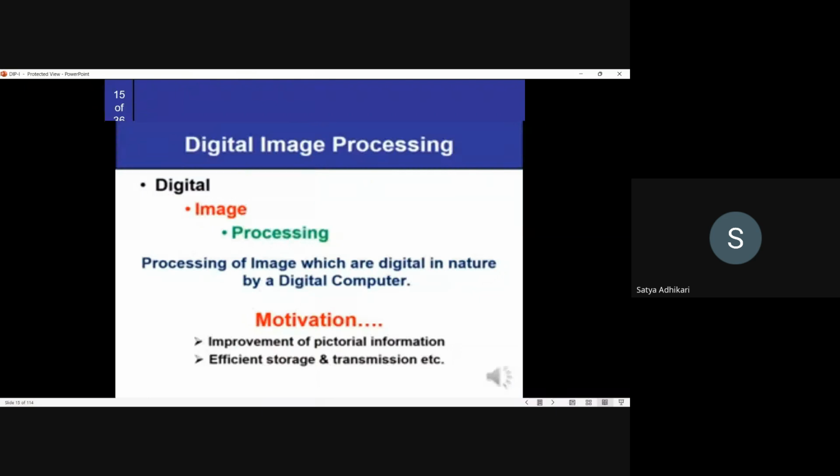There are also some transmission techniques we can use only on digital images. So that is why digital image processing is needed. You can improve the pictorial information, and also you can store efficiently in your systems, which takes less space.